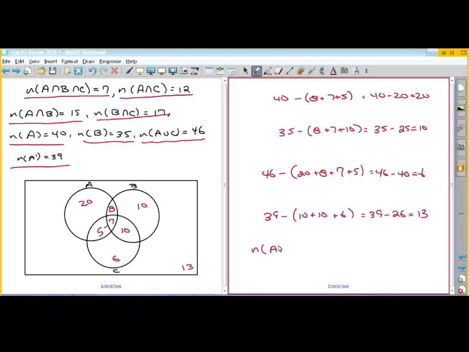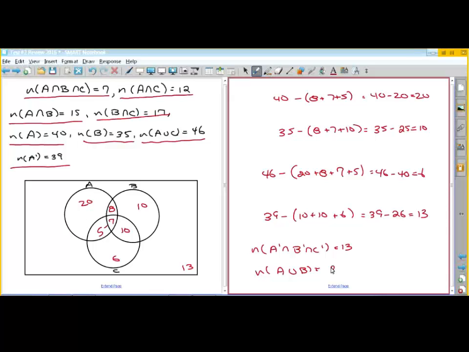So if I said what the number of elements in not A intersect not B intersect not C is, they don't give that, but that would be 13. That's this thing out here. If I wanted to know what is the number of elements in A union B, I had A union C here, A union B, I'd say, okay, A union B would be equal to this plus that plus that plus that plus that plus that.